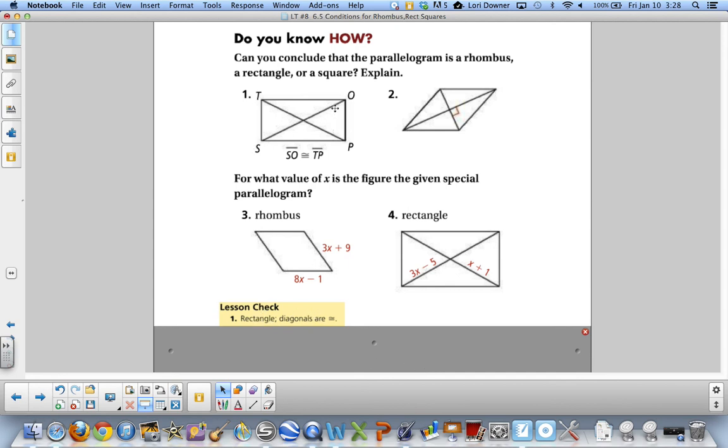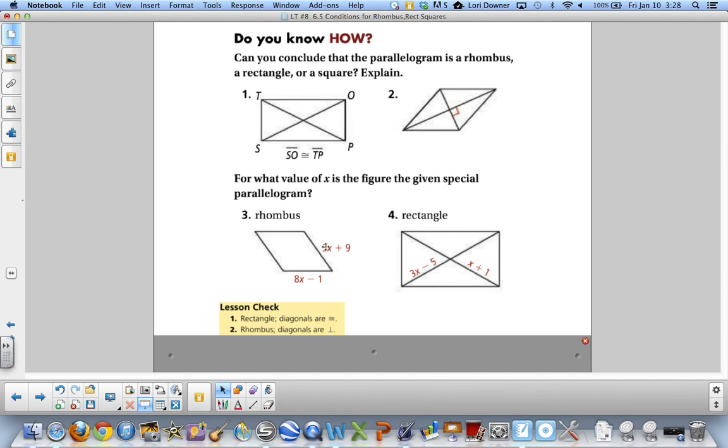Let's look at 2. We've got this shape where the two diagonals are hitting at a 90-degree angle. Since diagonals are perpendicular, we say that this is a rhombus. So you're going to need to know what properties relate to what type of quadrilateral.